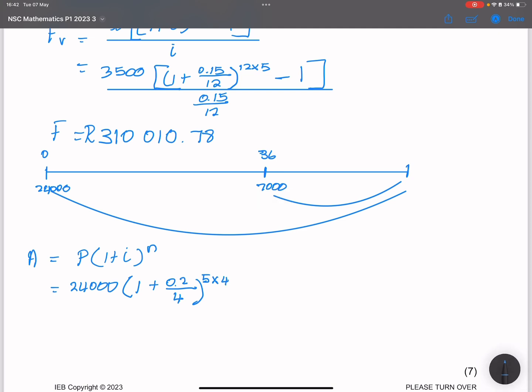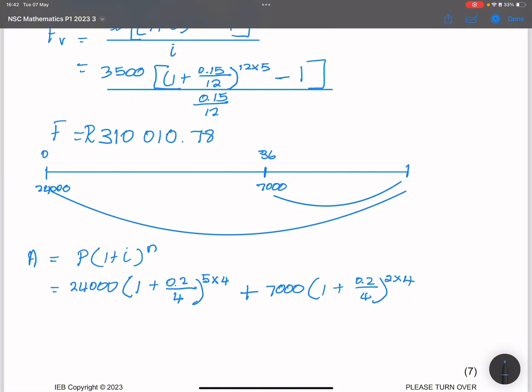Now I'm going to deal with the 7,000. So that's 7,000 into 1 plus, again it's 0.2 over 4, right? And again, this stays only for 2 years, and it's compounded quarterly.